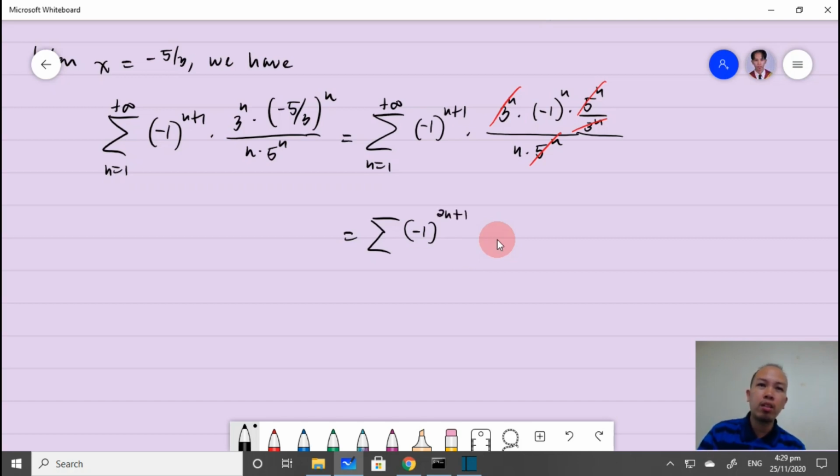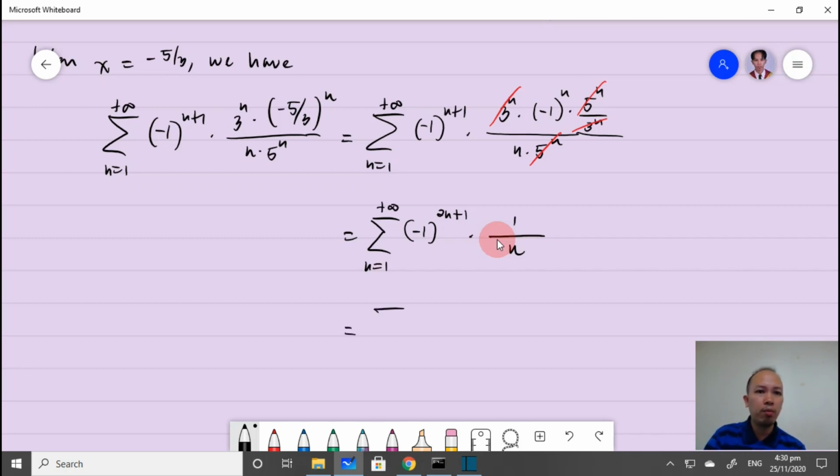Why? Because we have the same base, negative 1, so n plus n is 2n, times 1 over n, where n starts from 1 to positive infinity.